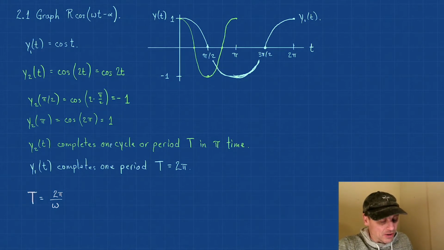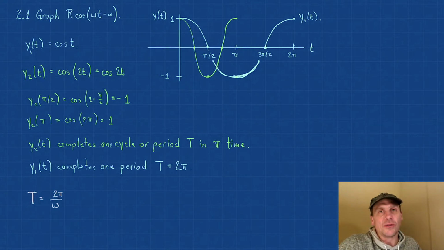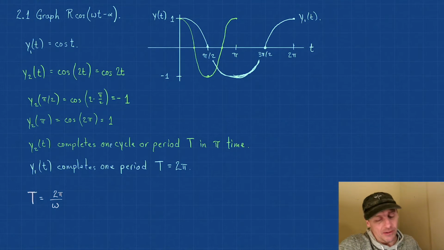Now the other question though is how fast, where is cosine after 1 unit of time? Well, remember pi over 2 is about 1.5. So pi over 4 would be about 0.75.